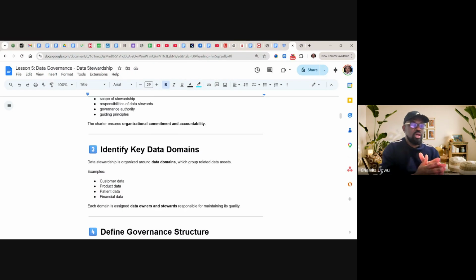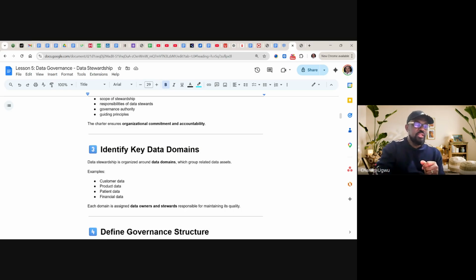We can have patient, that's a domain. We can have financial. Looking at it here, you see these are different domains. Like patient, you already know is from healthcare. And when you see financial, you know that it's not necessarily a bank, but maybe from the finance department or things like that. So each domain is assigned a data owner and a data steward responsible for maintaining its quality.